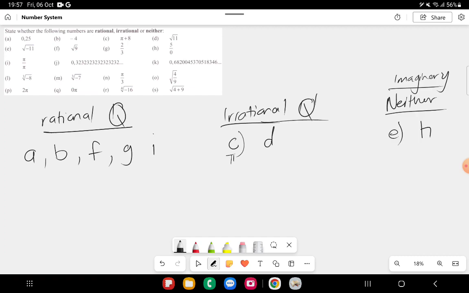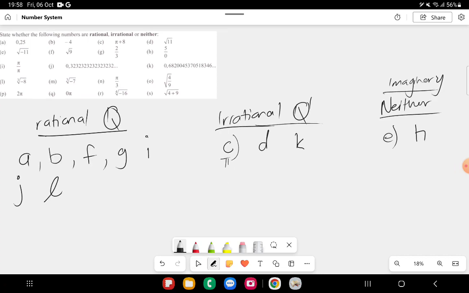0.3232323232 recurring is rational. 0.6820045370518346 non-recurring is irrational. The cube root of -8 is rational. The cube root of -7 is irrational.